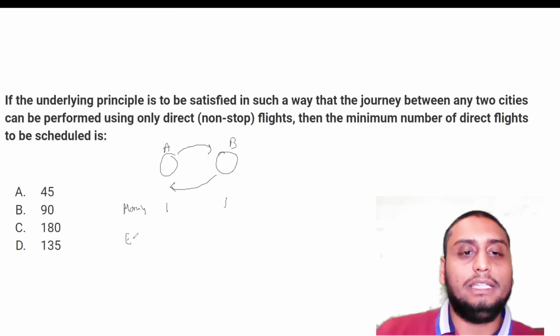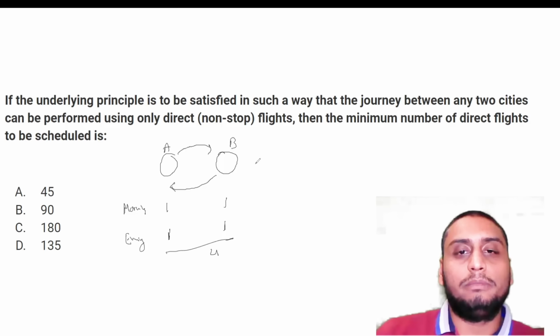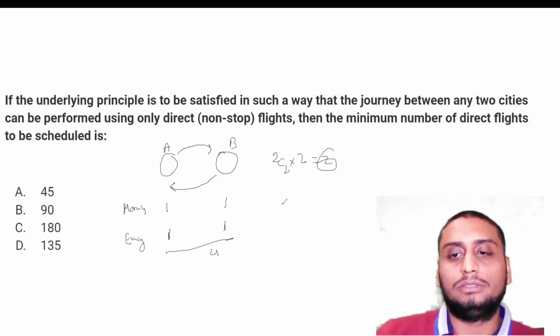And in the evening, there should be one flight from A to B and one from B to A. So a total of 4 flights. Going by your logic, the answer should be 2C2 into 2, which is 2, but there are 4 flights. So everyone is wrong. Yes, Bharat, 180 is the correct answer.